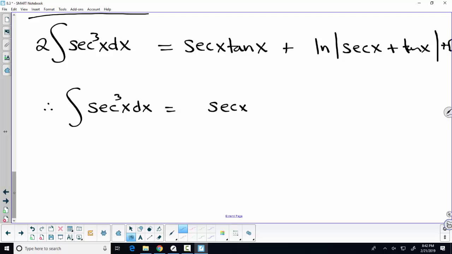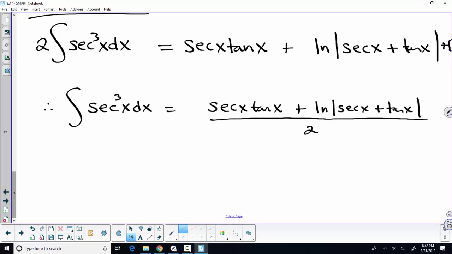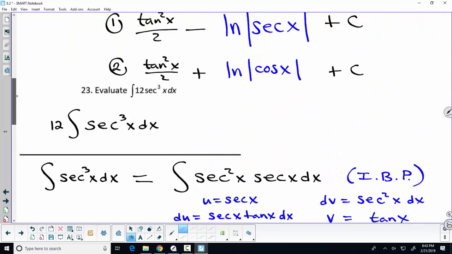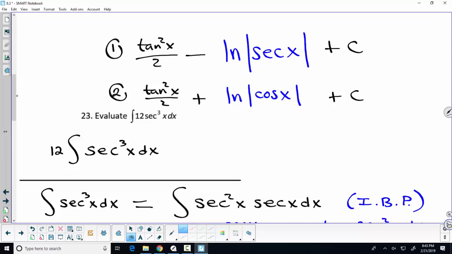Doesn't matter. Right, this is the antiderivative of secant cubed. Go way back up here and put that back in for this.